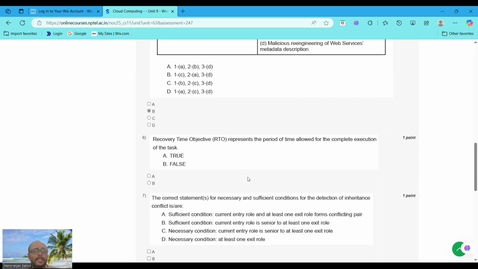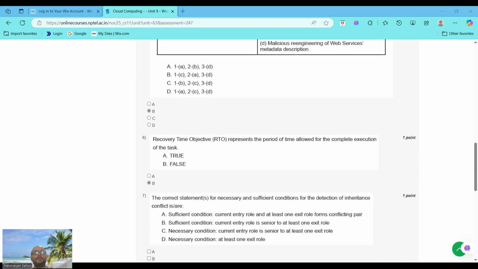Recovery time objective, RTO, represents the period of time allowed for the completion of execution of a task. Is it a true statement? It is not a true statement. We can also explain why we cannot consider it a true statement.